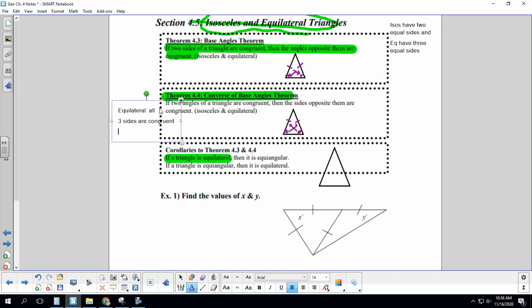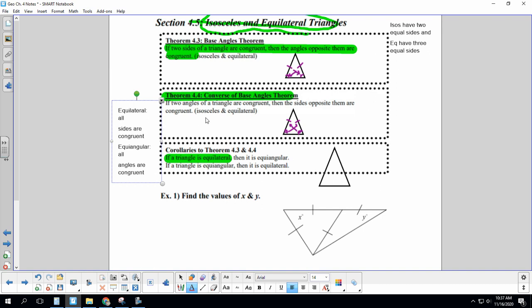And then equiangular, all angles are congruent. Equilateral, all sides are congruent.